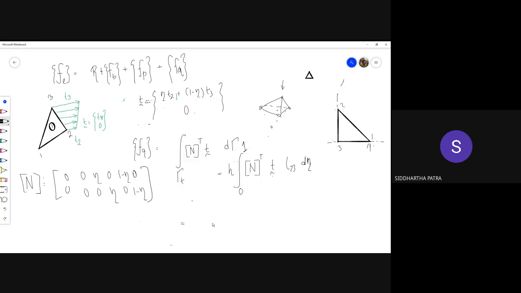Then can you tell me what is the expression of the force vector? I can see h and L23 coming out of the integration.